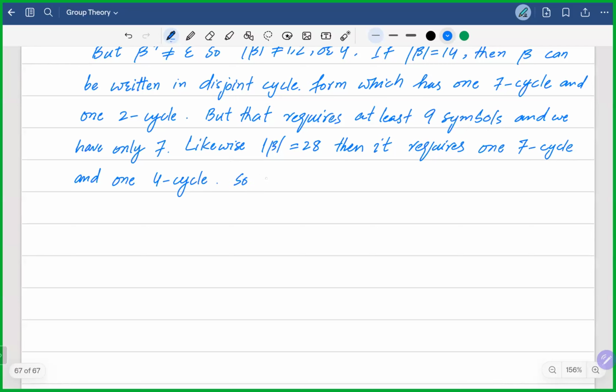So the only possibility is that the order of beta is 7. Thus beta is equal to beta power 8, which is equal to beta power 4 power 2, which is equal to 2 4 5 7 1 3 6.